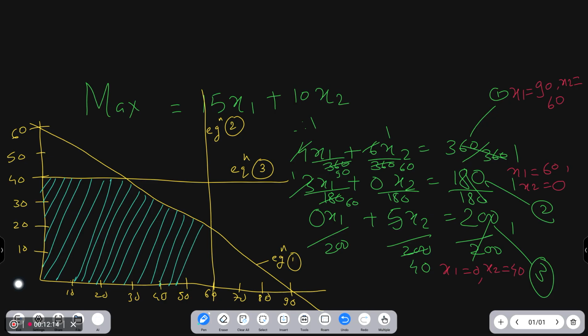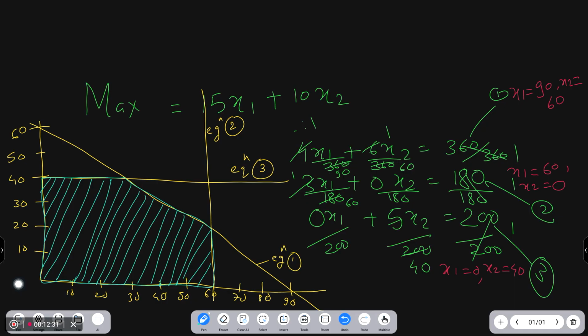Therefore my region will be like this. This is my feasible region from where the solution is going to be obtained.